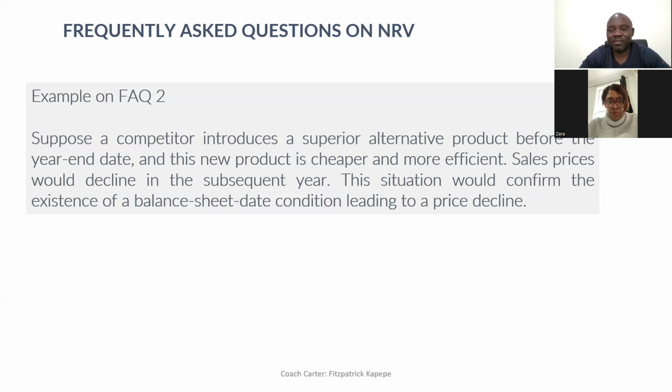So they have introduced a much superior product than you have, and in the subsequent years prices start declining or eroding. It confirms that even before the year end, this condition was prevailing, just that it had not yet exploded.